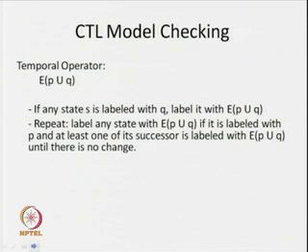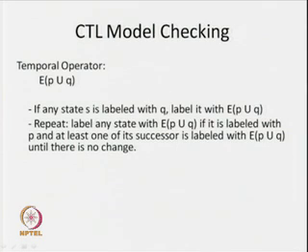Now, another CTL operator that we need is EP until Q. How are we going to see that? EP until Q means there exists a path where P remains true until Q becomes true. Again, according to our semantics, the future includes the present behavior.